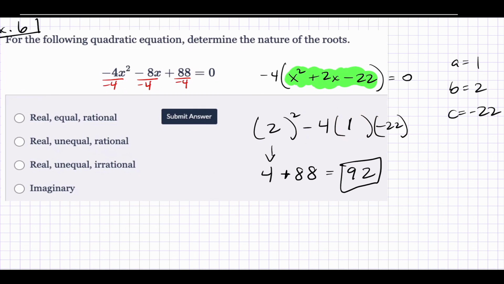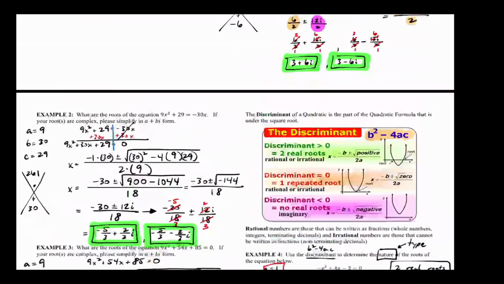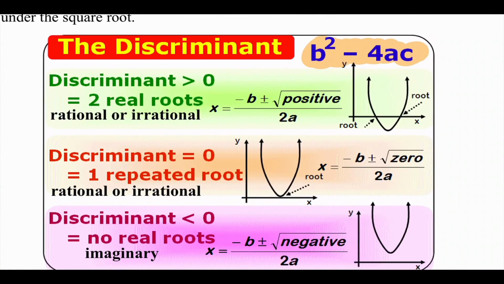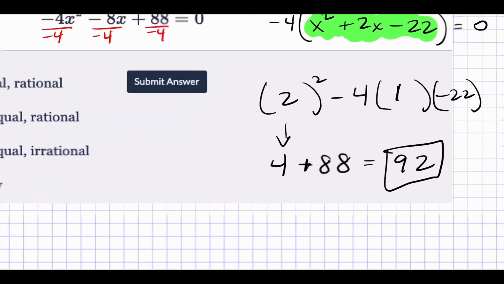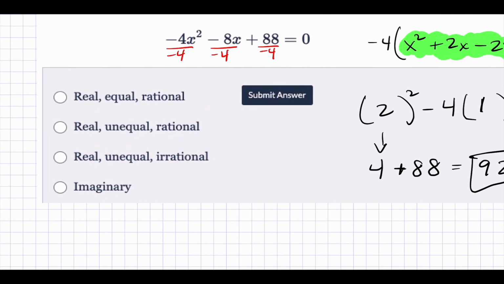The discriminant is 92. Okay. So we go to your table. 92 is bigger than 0. It's positive. So that means I'm going to have 2 real roots. 2 real roots. Okay. So let's start ticking things off.